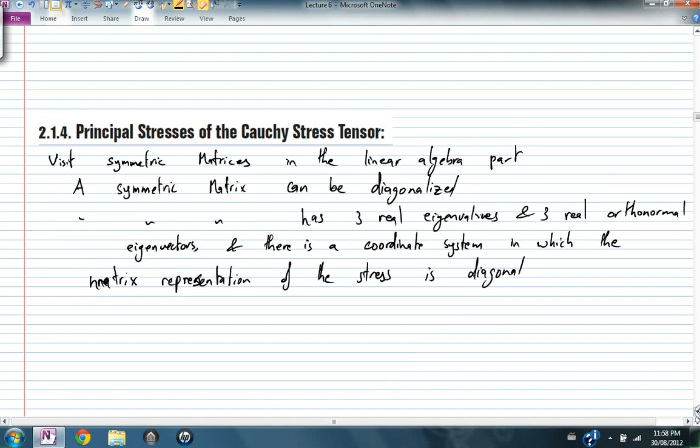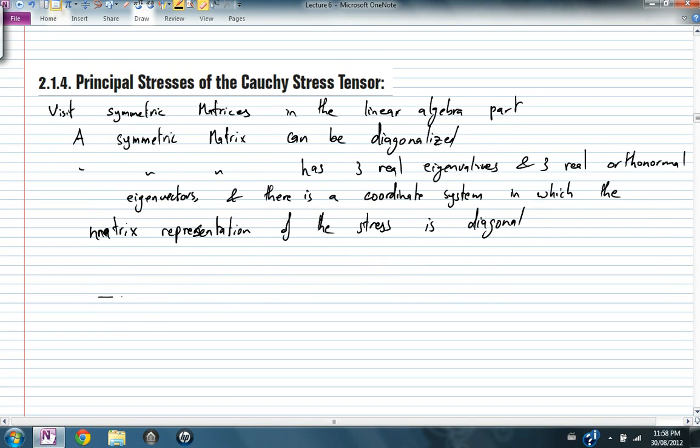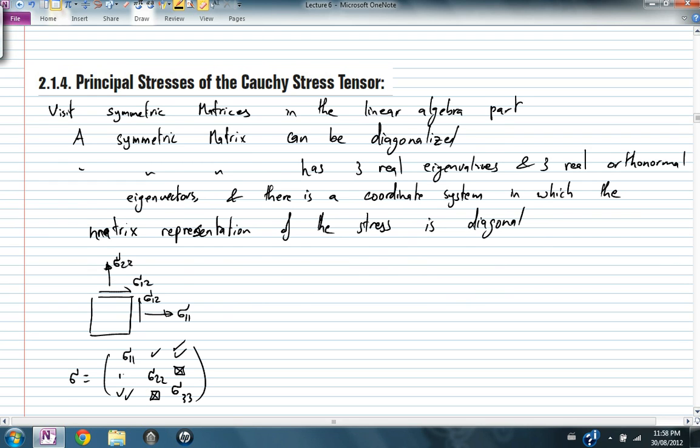Okay, what does this mean? It means if I have a coordinate system here where sigma is defined as sigma 1, 1, sigma 1, 2, and it's symmetric, so sigma 1, 2 as well, sigma 2, 2, so the stress is equal to sigma 1, 1, sigma 2, 2, sigma 3, 3, and this is symmetric, and the off-diagonal components are not 0.